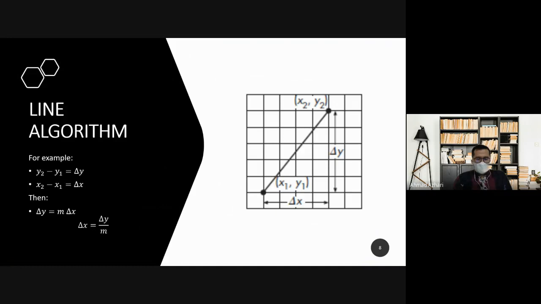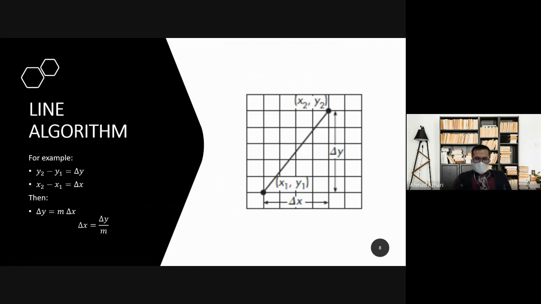Then we can also get equations from the differences. Delta y equals m, or the gradient, multiplied by delta x. That also means delta x equals delta y divided by m.